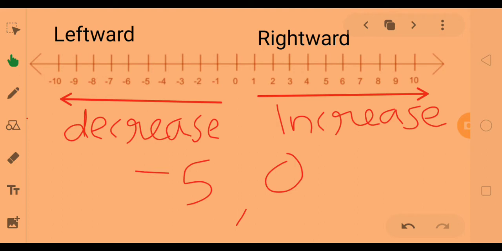The integer located on the right side will have the larger value. Therefore 0 is greater. We can write that -5 is less than 0. 0 is the larger integer. I hope you can now identify how to compare integers. Let us move on to the next section.